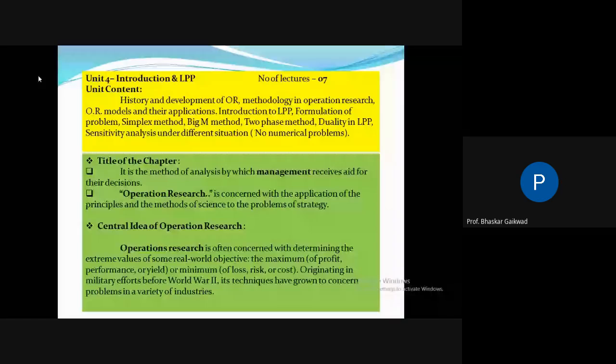Whatever best solution is there, you go for implementation of the same. Once the implementation is over, you have to verify by using statistical technique and justify any deviation. If the deviation is there, again you have to go for modification. So this is the methodology in industry related to operation research.